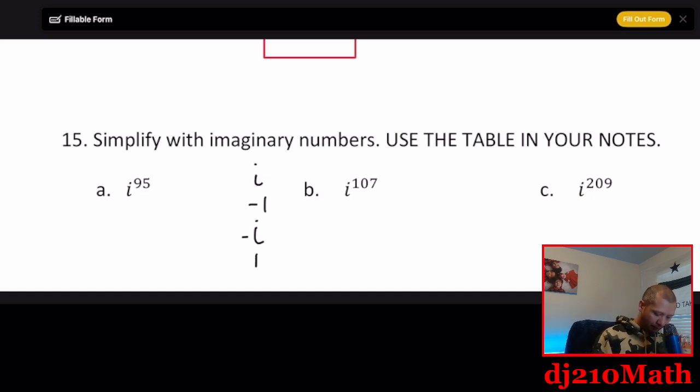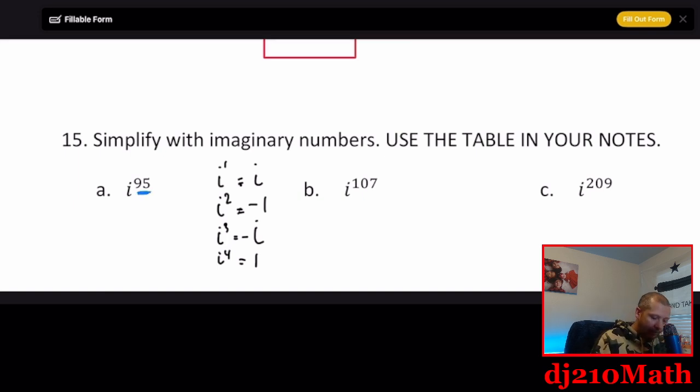So this is for I to the first power, I to the second, I to the third, I to the fourth. This is the table, right, that it's referring to. So if you just remember that order, I, -1, -I, 1. I, -1, -I, 1. Right, it repeats. It'll never break that cycle.